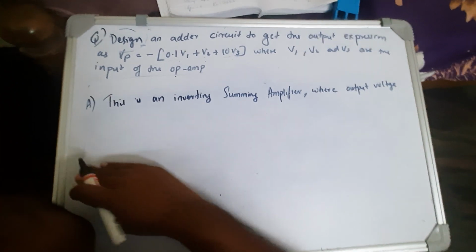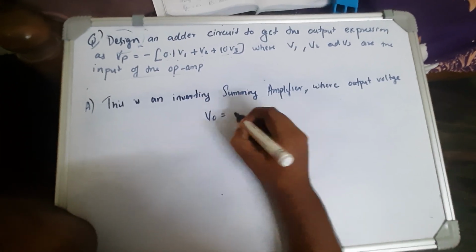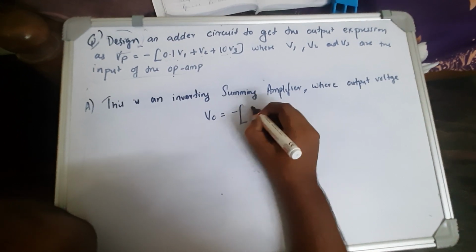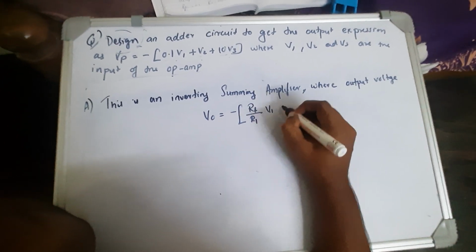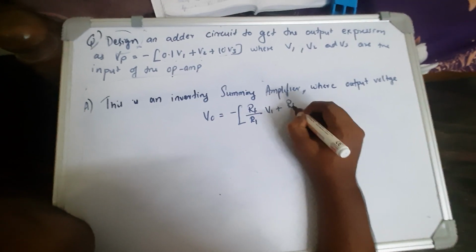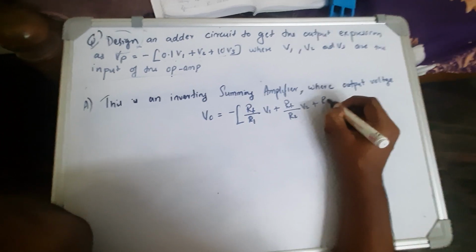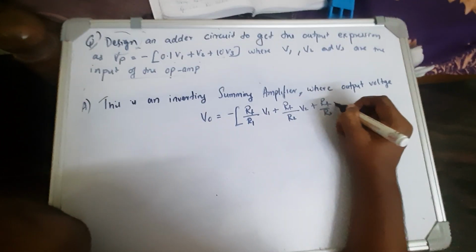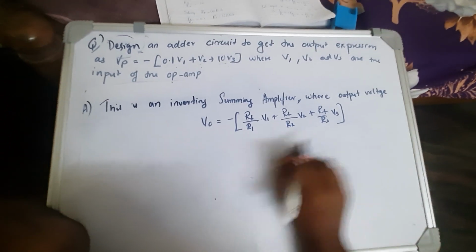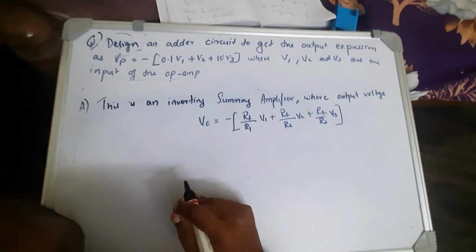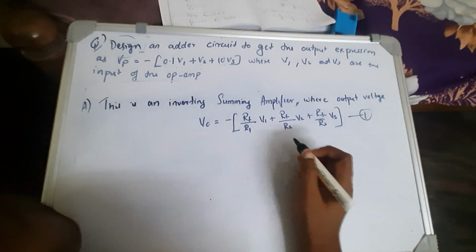What is the expression for output voltage in an inverting summing amplifier? That is Vout equal to minus of Rf by R1 into V1 plus Rf by R2 into V2 plus Rf by R3 into V3. So this is the expression for output voltage for an inverting summing amplifier. Let's say that's equation 1.